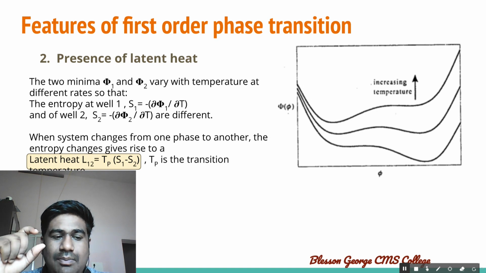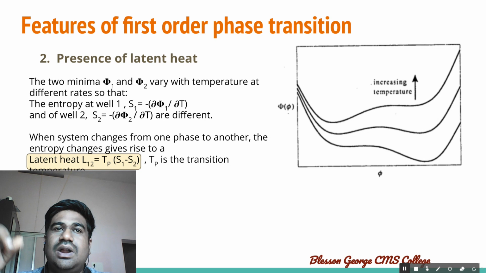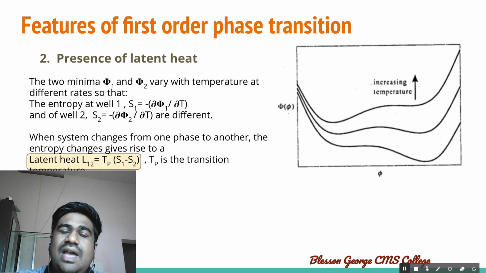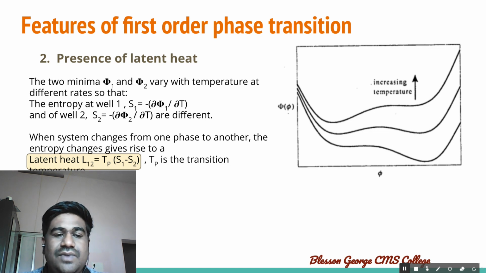It is the amount of extra heat you must add to the system to convert from one phase to another. This heat does not contribute to change in temperature. So once there is a presence of latent heat, we can say that there is a first order phase transition. The presence of latent heat is a significant feature of first order phase transition.